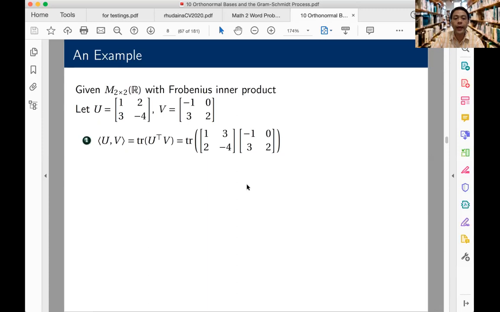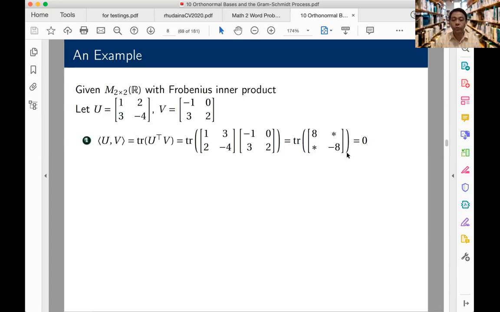So computing that, the transpose of U is given by this matrix here. And then you just perform the multiplication inside. And actually, we don't need the off diagonals because the trace only adds the diagonal entries. And so the trace here is 8 plus -8 equals 0.